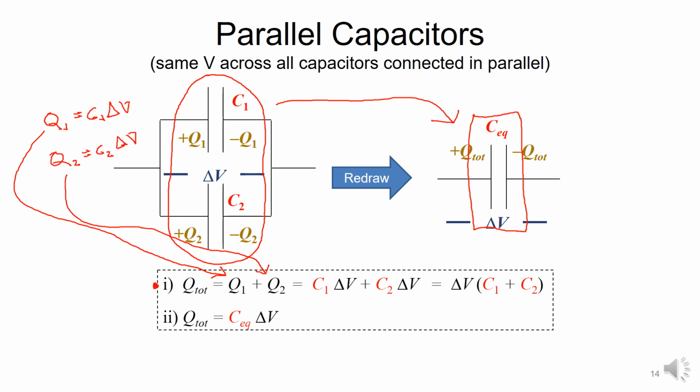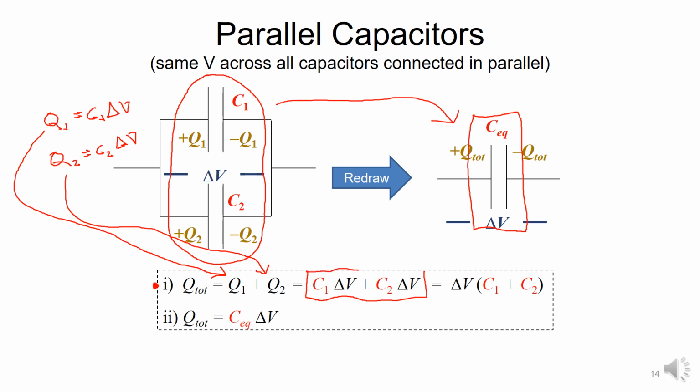If we substitute Q1 and Q2 with C1 delta V and C2 delta V, we get the next equation here. Q total equals C1 delta V plus C2 delta V.